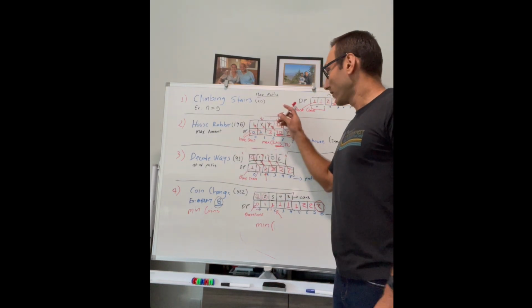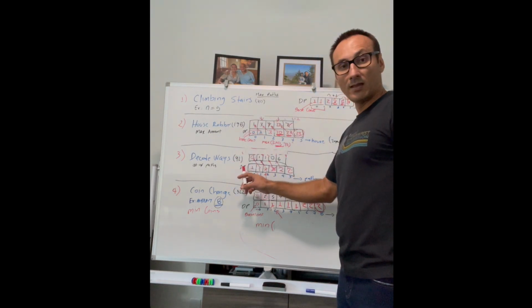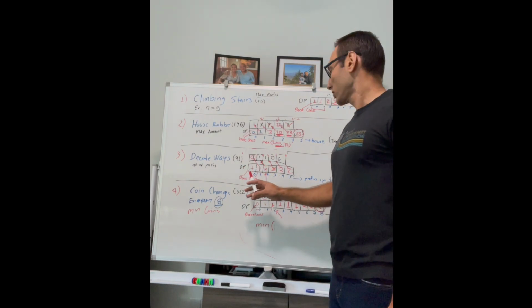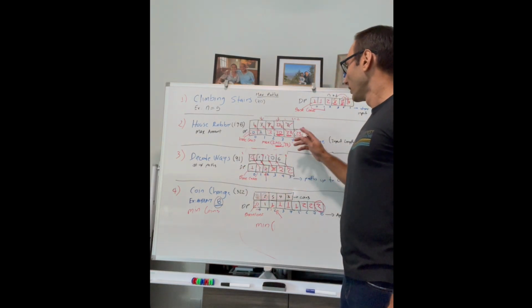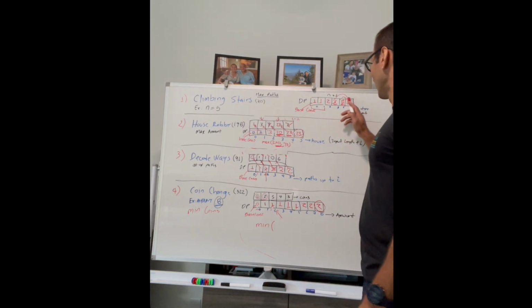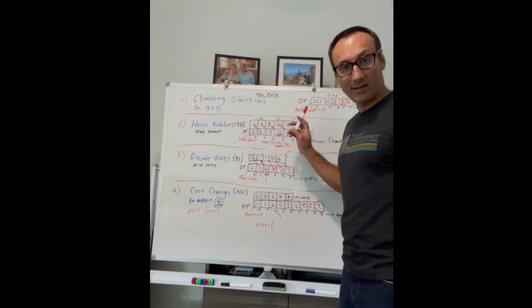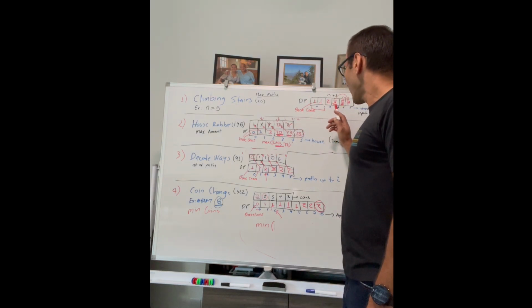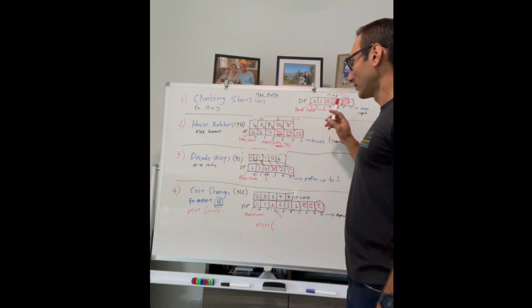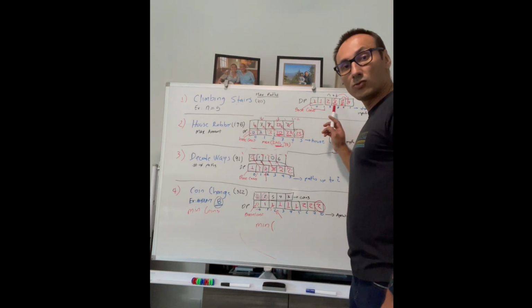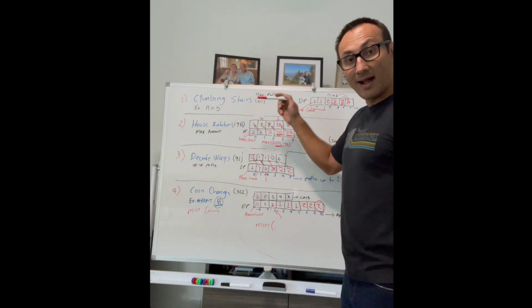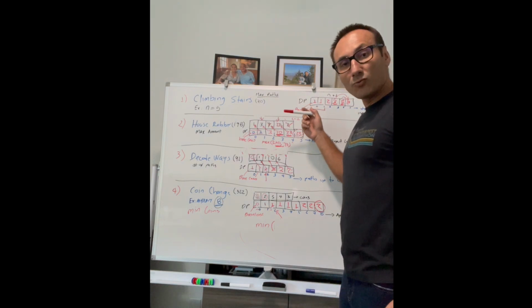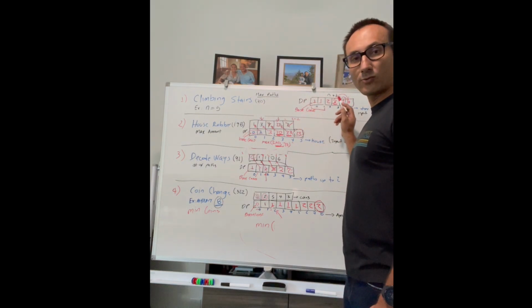You can create these arrays, and that will be your solution, and you just need to return the last value in the array. But in these three problems you are always tracking two values behind.